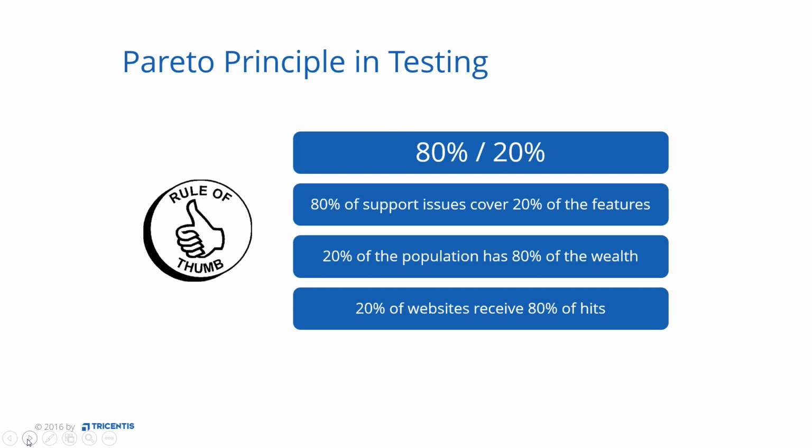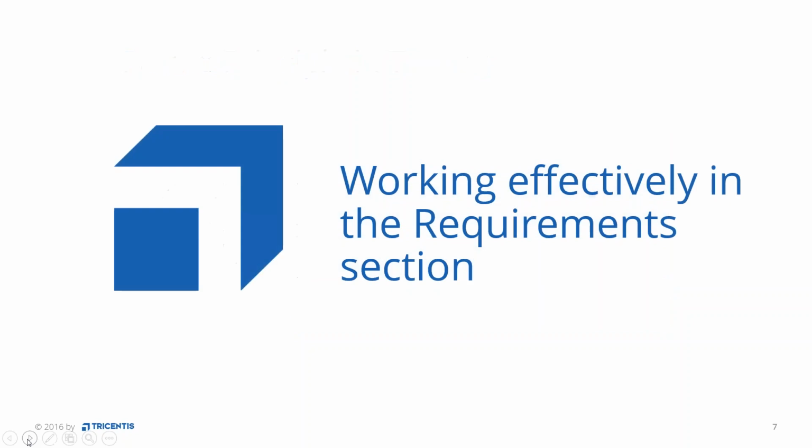Okay, over to Sarah. Okay, so I'm going to be talking to you guys about working effectively in the requirement section. What I'm going to do is split this up. First, I'll tell you about the different objects that we have in the requirement section. You should be familiar with the fact that every section in Tosca has different types of objects.